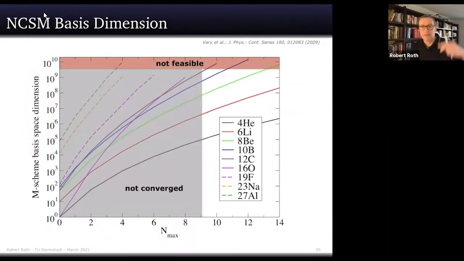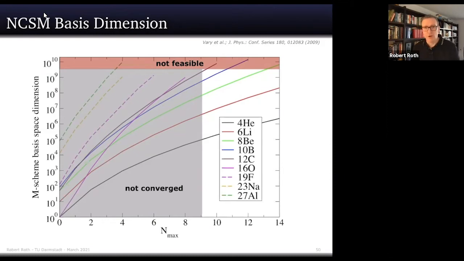This is the number of rows and number of columns in your huge matrix. It's a log plot, and it goes up to 10 to the 10. So these are large matrices, 10 to the 10 rows times 10 to the 10 columns. And this is kind of the limit of what we can actually do computationally nowadays.